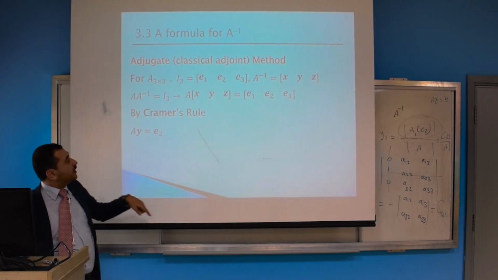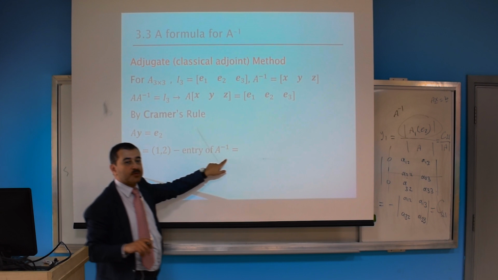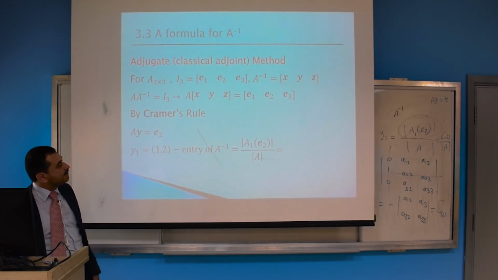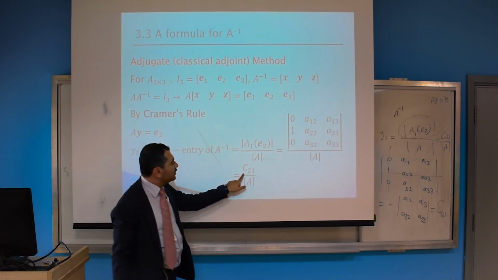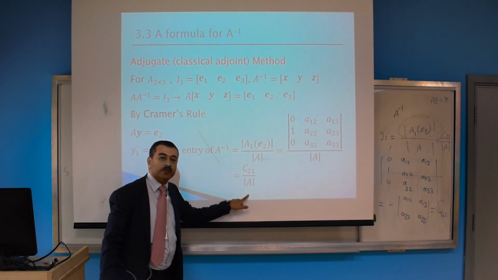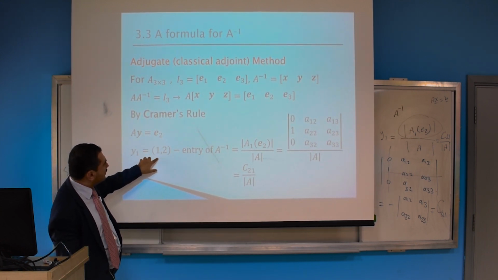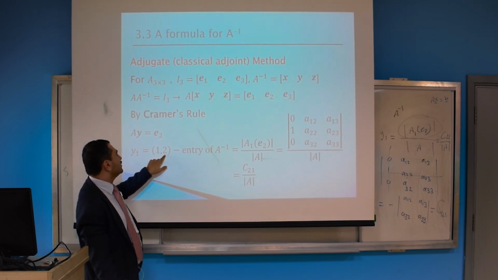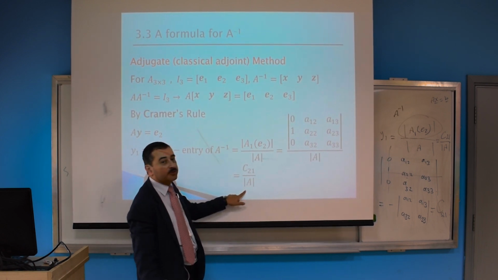So we write it this way. Y1 is the 1, 2 entry in the inverse of A. And we ended up with this guy, which is the cofactor C21 over determinant of A. So this is how to get the entry at position 1, 2 in the inverse.